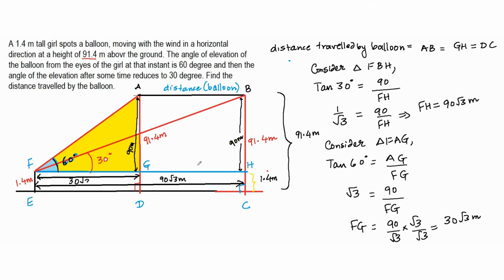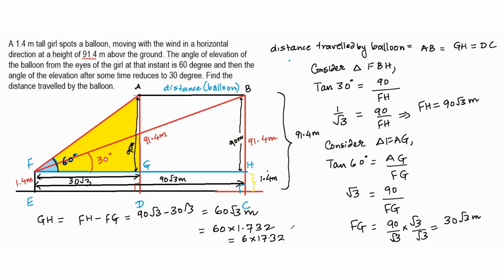And now it's not difficult to find the length GH. So I can say that GH is going to be FH minus FG, and that is going to be 90 root 3 minus 30 root 3, and that is going to be equal to 60 root 3 meters. Of course, you can substitute the value of root 3. So it will be 60 multiplied by 1.732, and that is equal to 6 into 17.32.